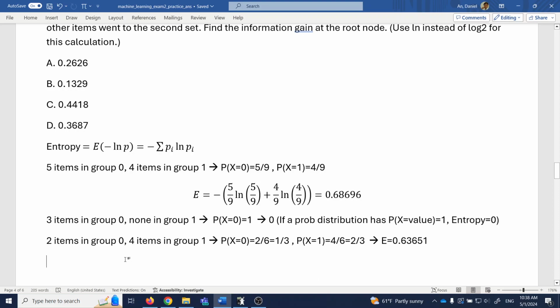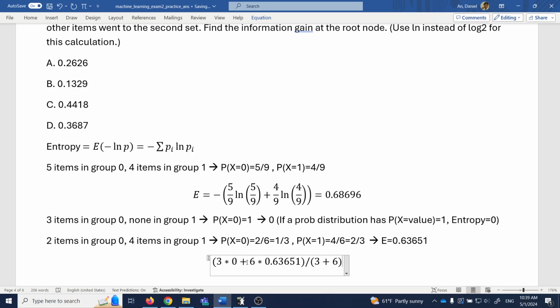Okay, so let's now take the weighted average, and since 3 items belong in the first set and 6 items belong in the second set, you have to take the average using those weights. So 3 times 0 plus 6 times 0.63651, and then you divide by 3 plus 6.